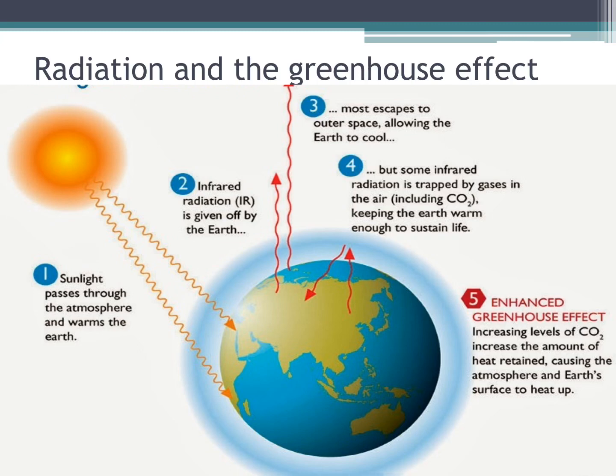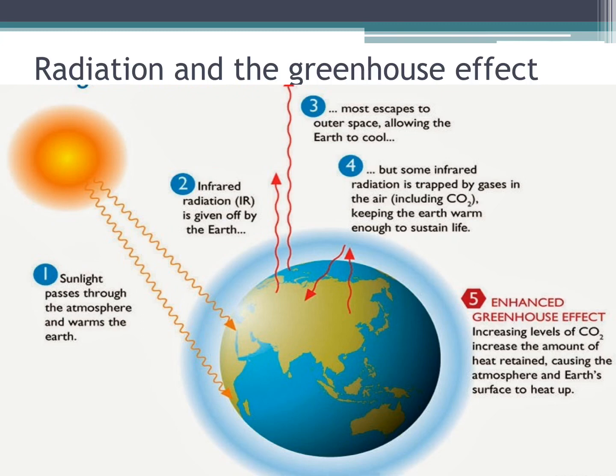The atmosphere traps the sun's energy because of greenhouse gases such as water vapor, carbon dioxide, and methane. Now, some scientists nowadays are very concerned that high levels of greenhouse gases in the atmosphere may trap too much energy, which makes Earth too warm.